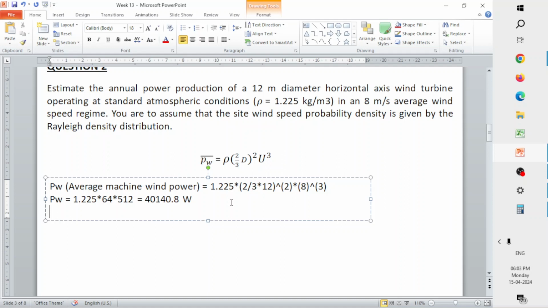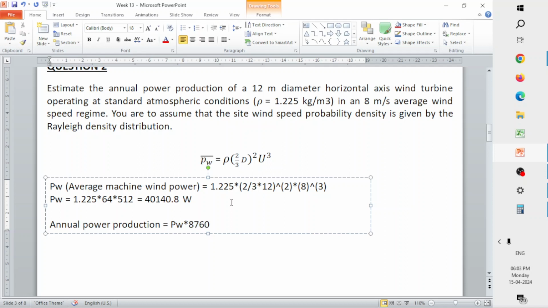So now you need to actually calculate the annual power production. So this has to be multiplied with a factor, so that we can calculate the annual power production. Annual power production is equal to PW times 8760.